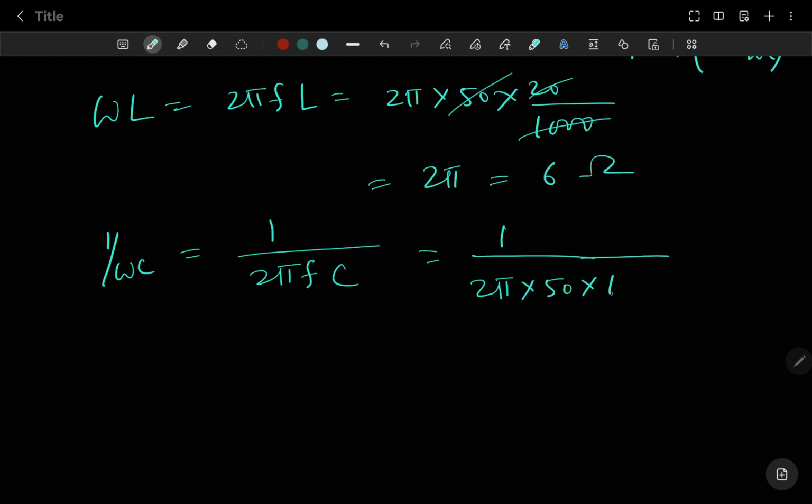So it will be 1 by 10 pi into 10 to the power 4, so 10 to the power minus 2, this 10 cube.